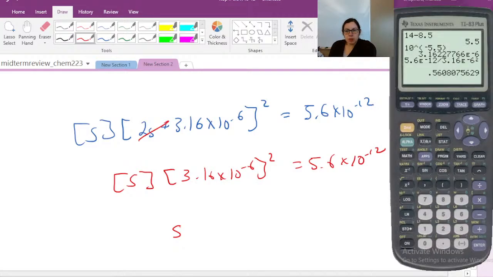That seems high to me. Just making sure I didn't mess up the algebra. I guess that works out though, because that would be negative 12, so that does cancel. But then our S is very large.